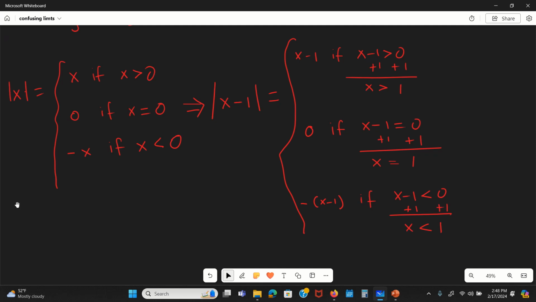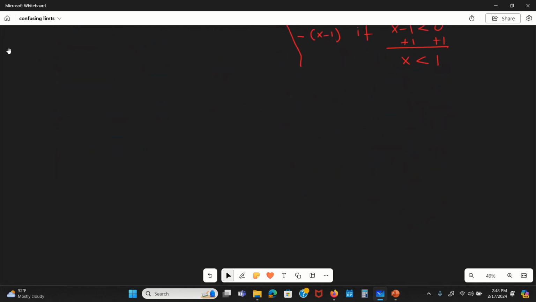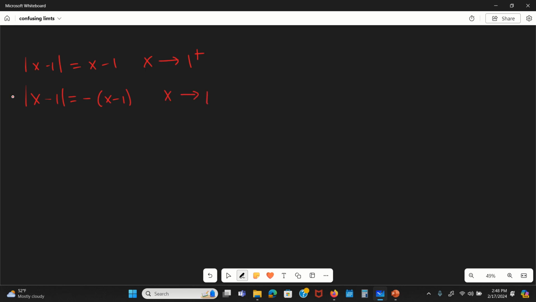This implies that the absolute value of x minus 1 is equal to x minus 1 for values of x that approach 1 from the right-hand side. Likewise, the absolute value of x minus 1 is equal to negative, in parentheses, x minus 1 for values of x that approach 1 from the left-hand side.